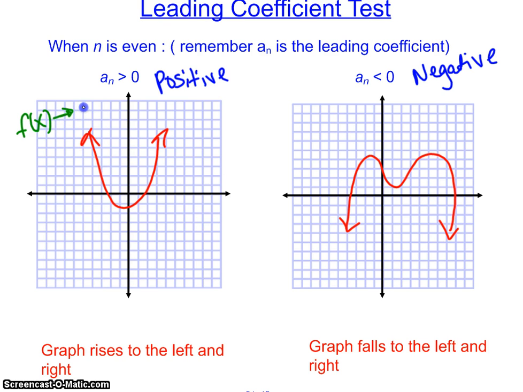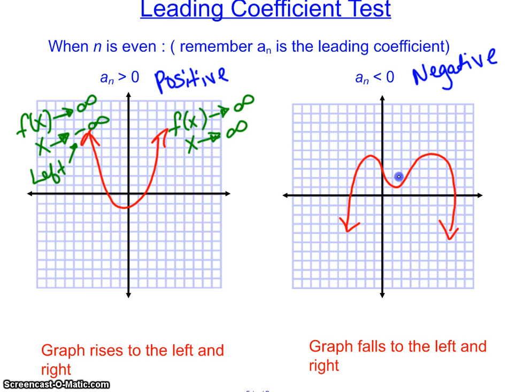So f of x is going to positive infinity as x approaches negative infinity. And again, since you're talking about the left, then x will be going to negative infinity. On the right side, f of x goes to positive infinity as x goes to positive infinity.